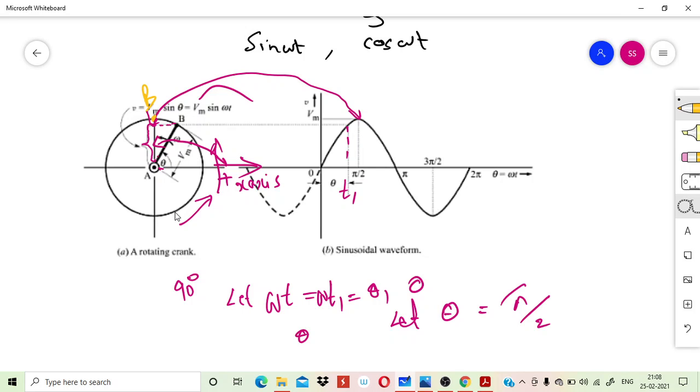That means nowhere else on this circle will it give this maximum peak value. Okay, that means if you consider point B here, or here, or here, then on projecting these points on the y-axis, all such vertical lengths must be less than this AB value.